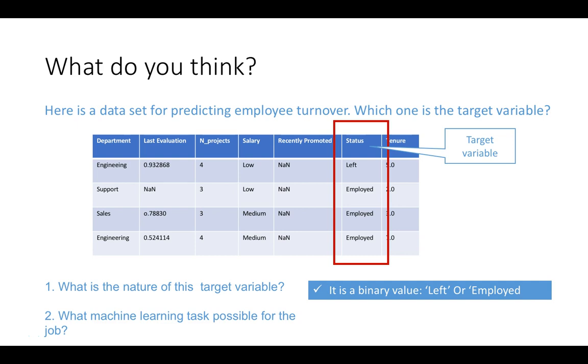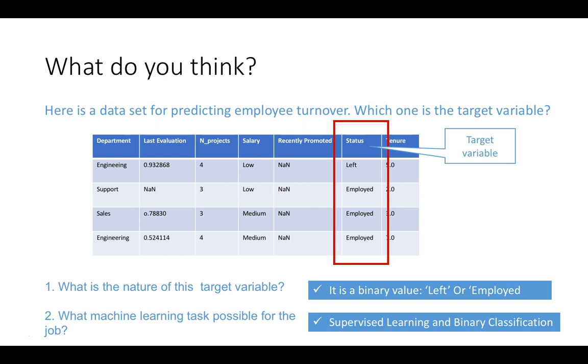What machine learning task is possible for this job? It is data with a target variable available, so we perform supervised learning. Because it has a categorical value with binary outcomes, we use binary classification.